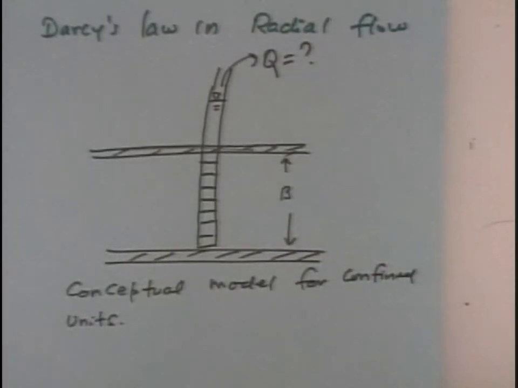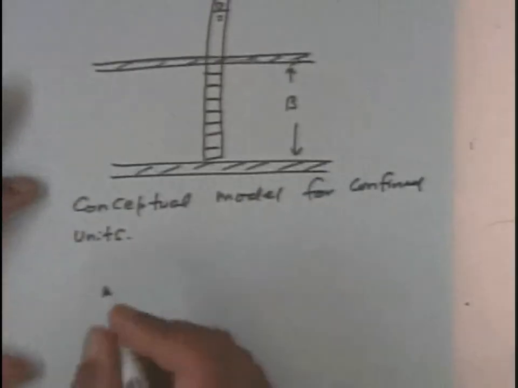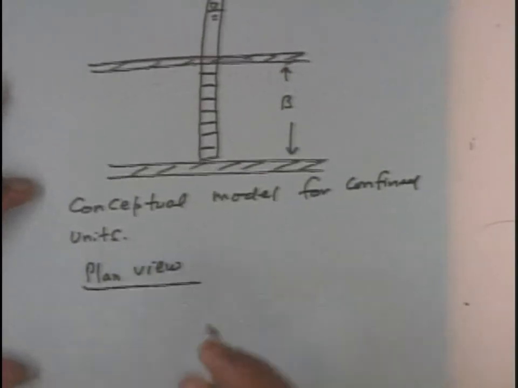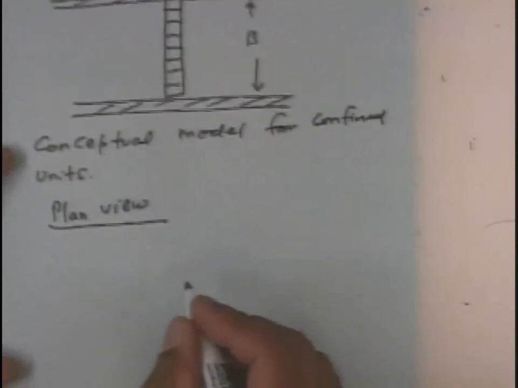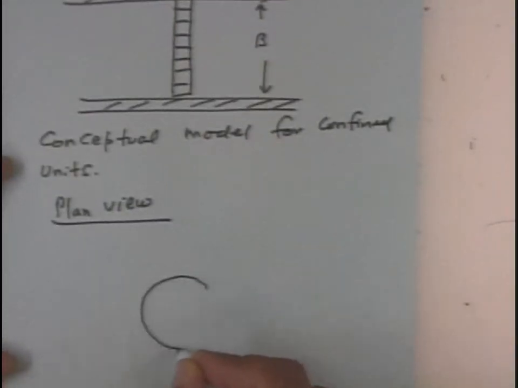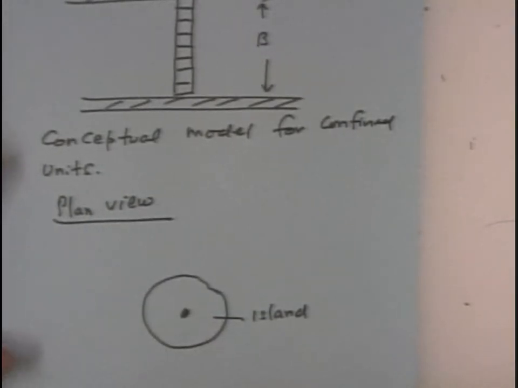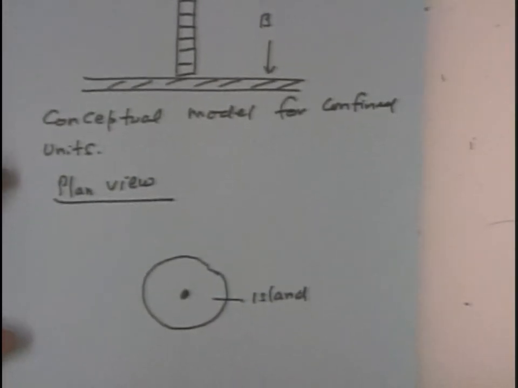So I started pumping in the system, and from a plan view, I can say this is a nice aquifer sitting in an island. This is my island, and the well is right at the center. It's a lovely island, and it's also a freshwater island.